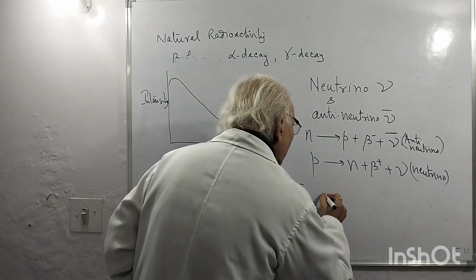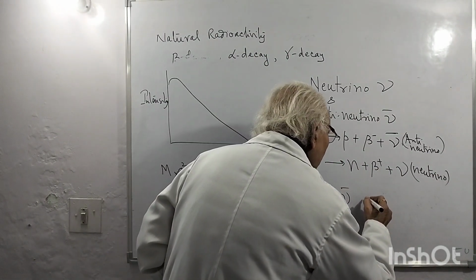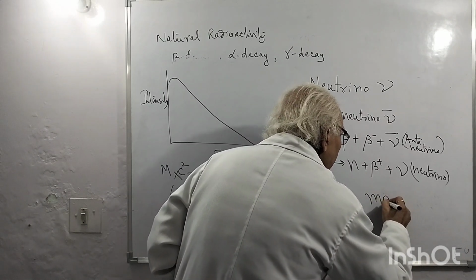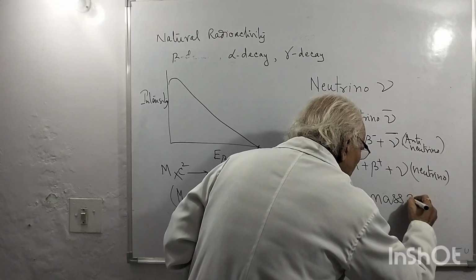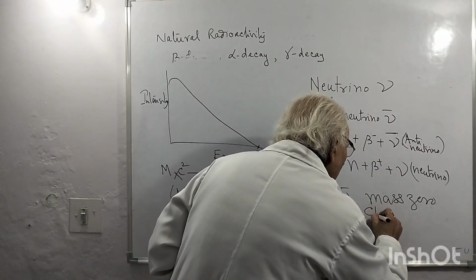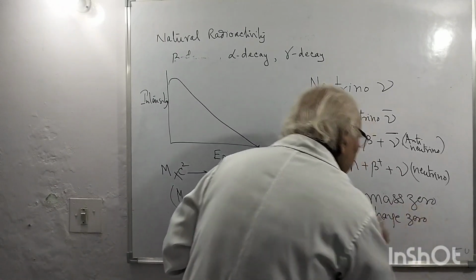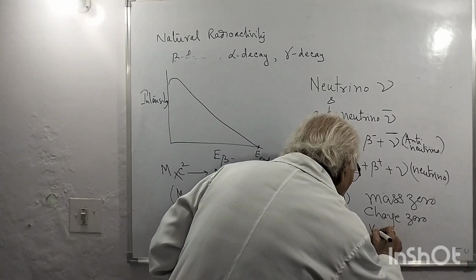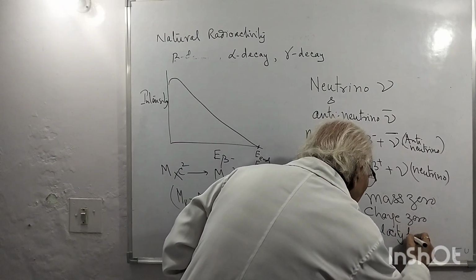The special properties of neutrino or antineutrino are: mass almost zero, means negligible, charge zero, velocity light velocity.